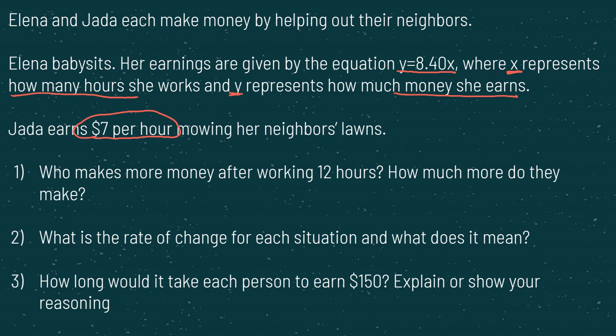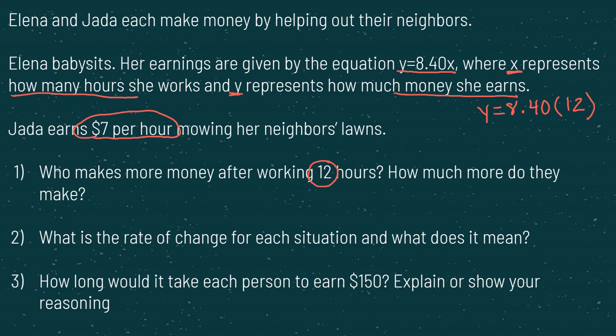So let's start with Elena. If x represents the number of hours she works, and it tells me that she works for 12 hours, I'm going to write the equation by plugging in 12 for x. So I'm going to have y equals 8.40 multiplied by the number of hours, which is 12.